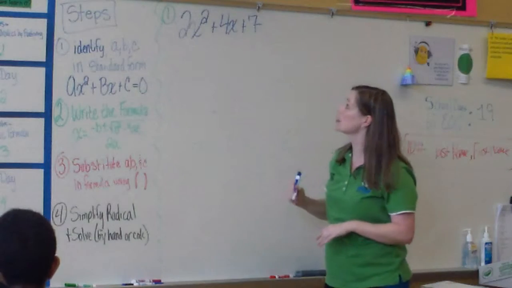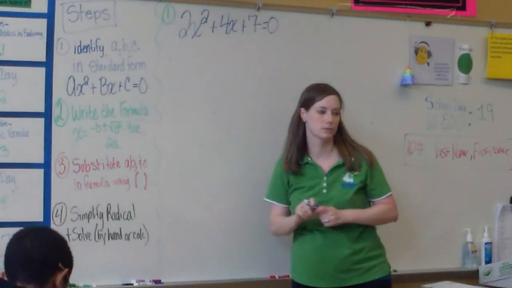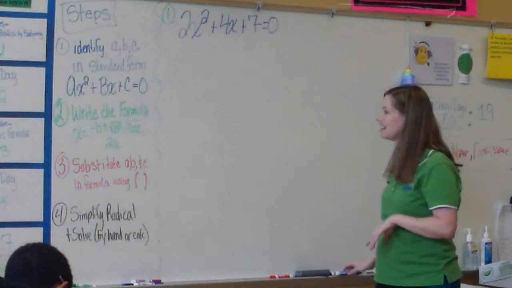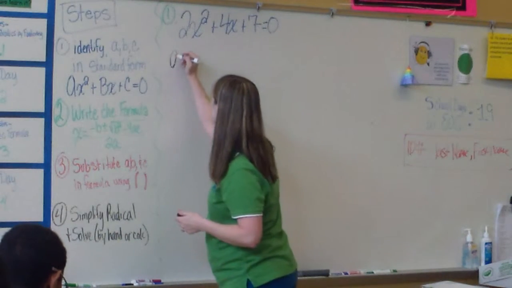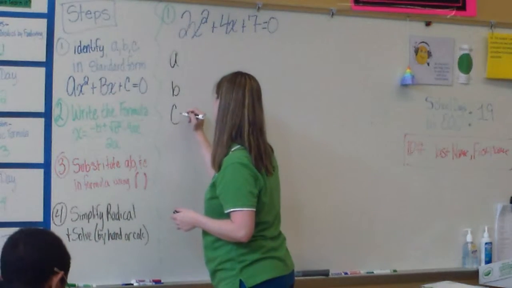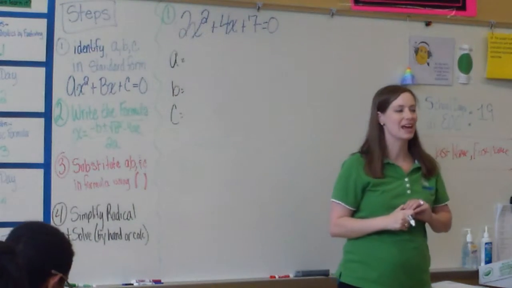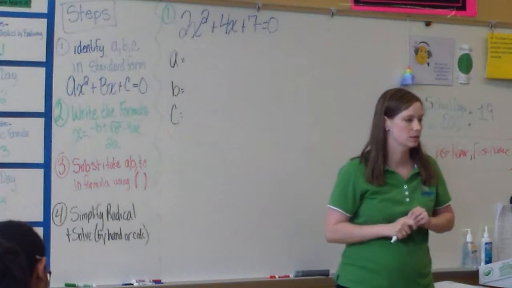So 2x squared plus 4x plus 7 equals 0. Step 1 tells me to identify A, B, and C. Okay, we're looking at standard form, ax squared plus bx plus c.